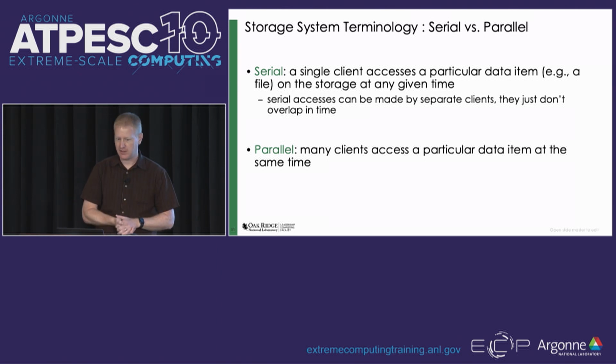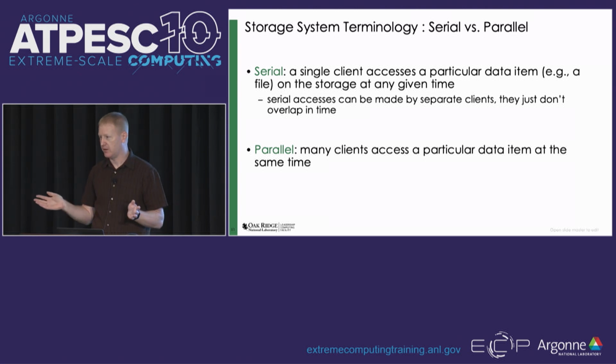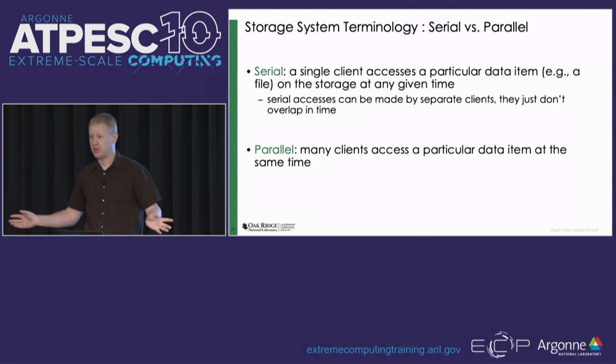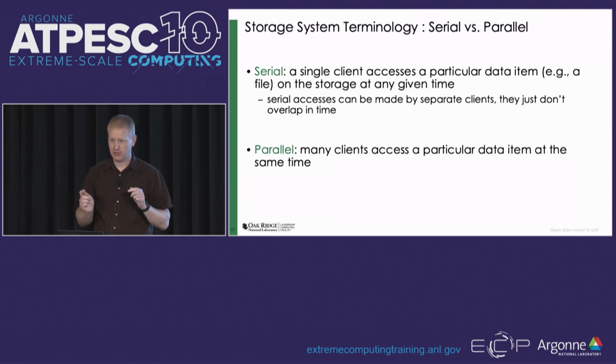You can imagine a sequential access pattern by a bunch of processes, as long as there's some application level synchronization that says one process will not begin until the other process is done. That's a serial access. Parallel means you're accessing the data from multiple processes at the same time, the same instant.